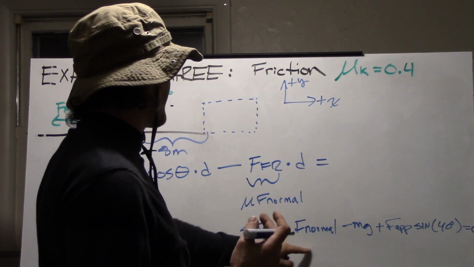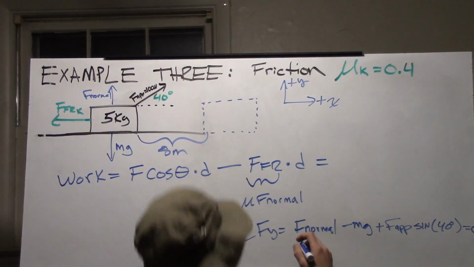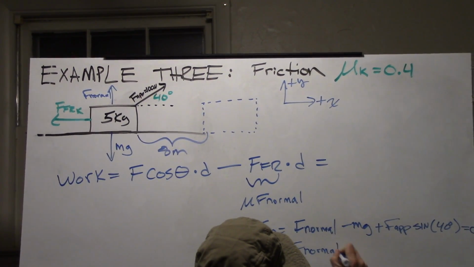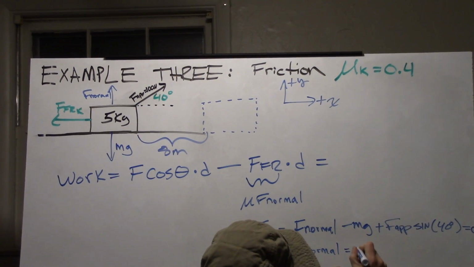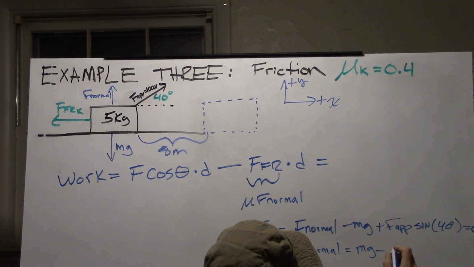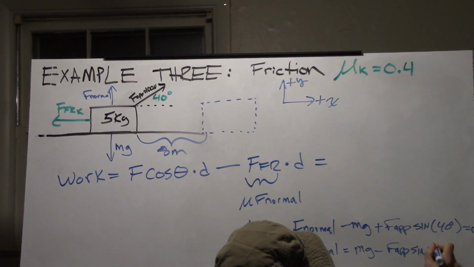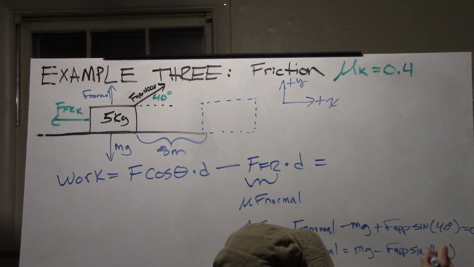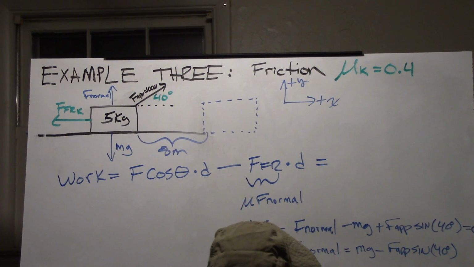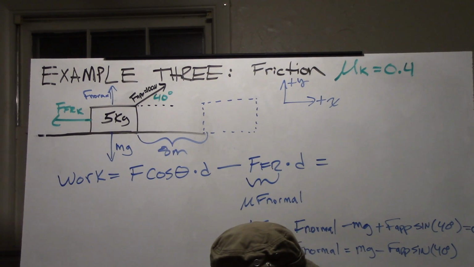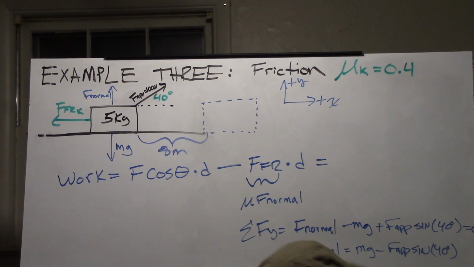So now we have this great thing over here where the force normal equals mg minus force applied sine of 40 degrees. Right on. This is starting to develop a little bit. I'm going to do this in green.